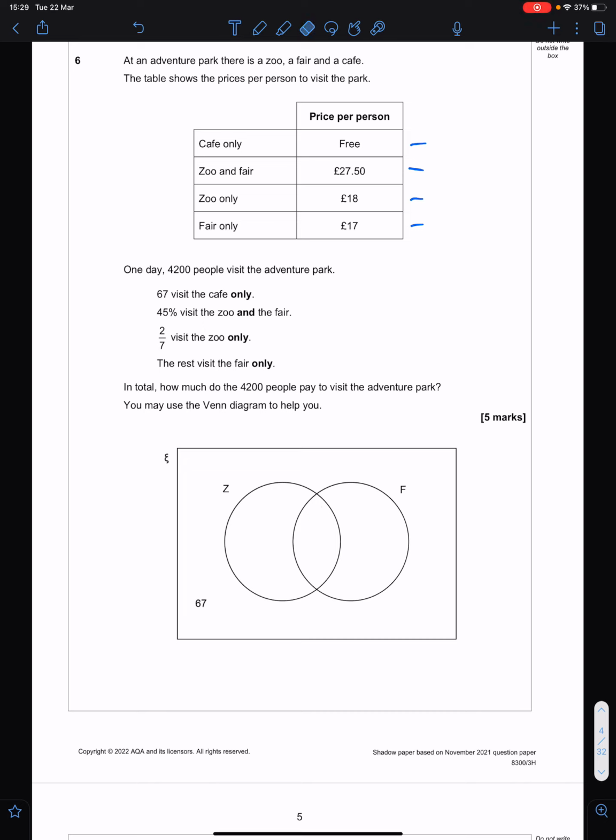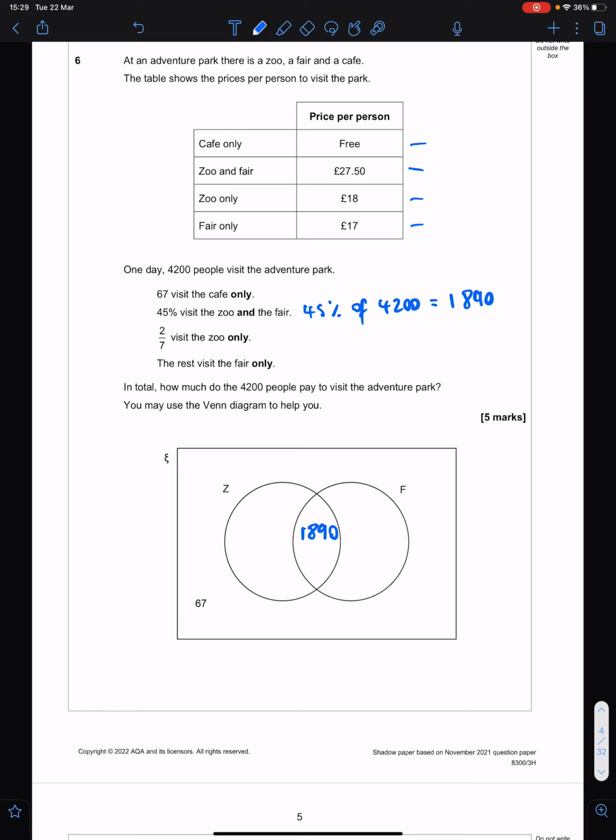That means we take 45% of 4,200. 0.45 times 4,200 on my calculator gives me 1,890.